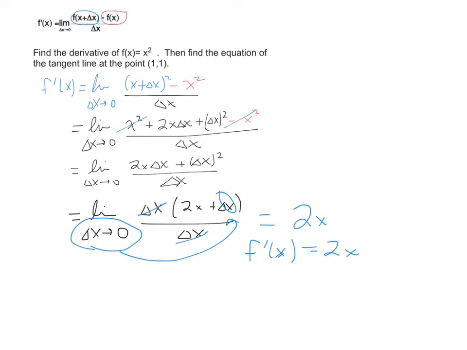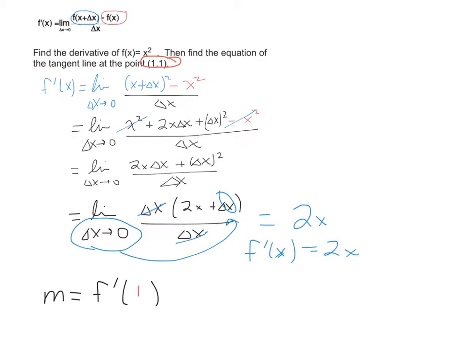So if the slope is equal to the derivative, well, at this particular point I'm looking for, the point (1, 1), since the x is 1, I'm going to plug that in over here into my derivative.